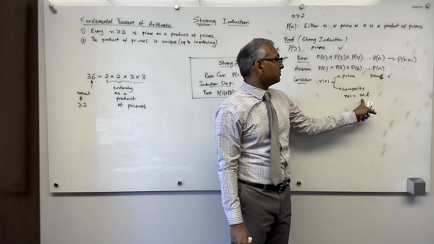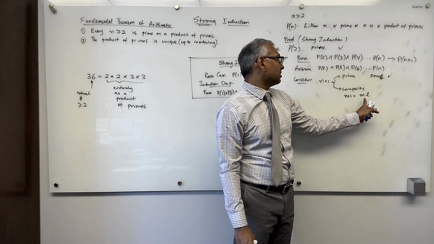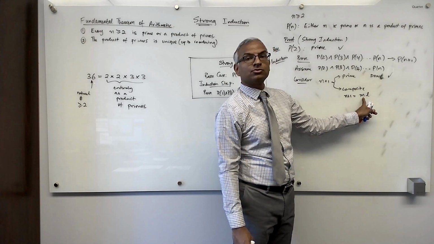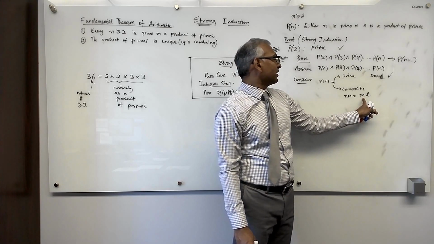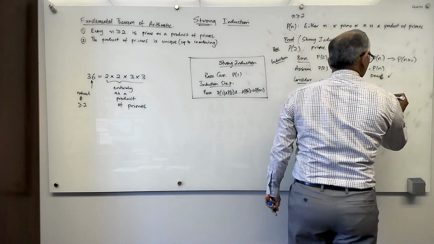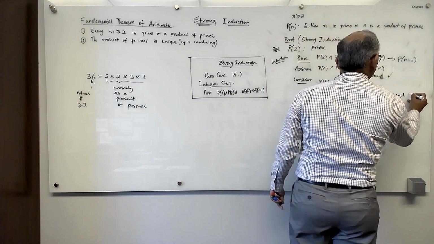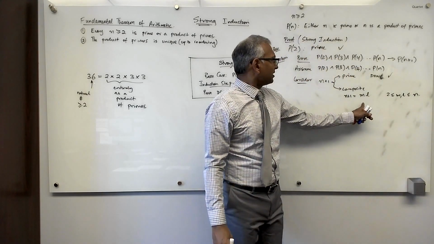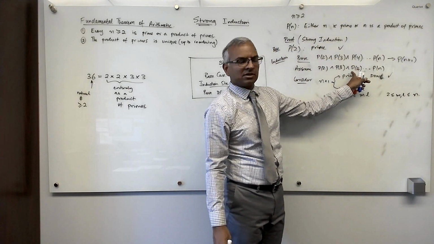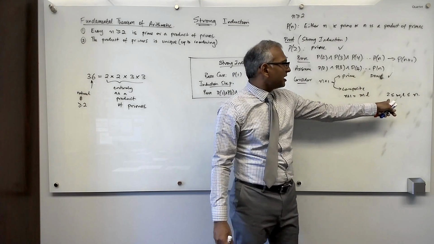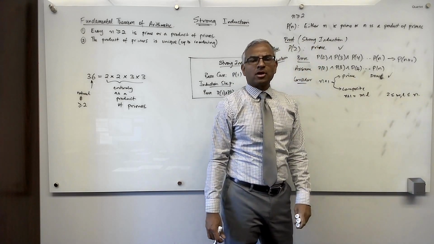And these are non-trivial factors, so they're greater or equal to 2 and less or equal to n. So 2 is less or equal to m and L, which are less or equal to n. But in that case, I get to assume that whatever they are, as long as they're between 2 and n, they are products of primes.